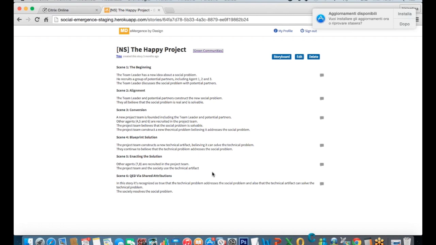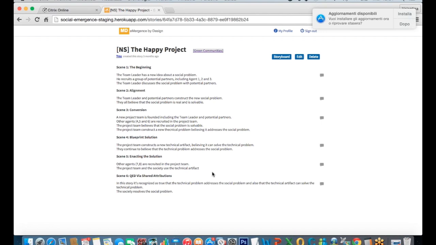Let's say that once the new project team is funded, so that the core of the project team is funded, they start recruiting other people that together with the project team start to construct, let's say, to frame the new technical problem and how they believe it will address the social problem.